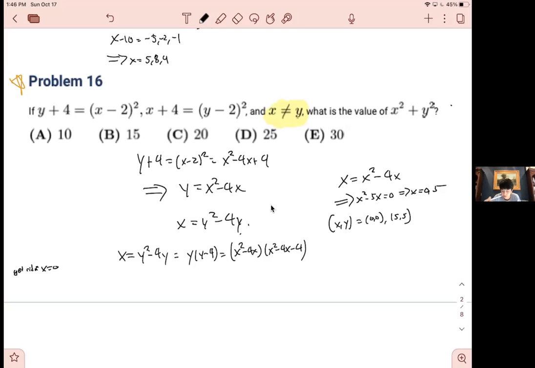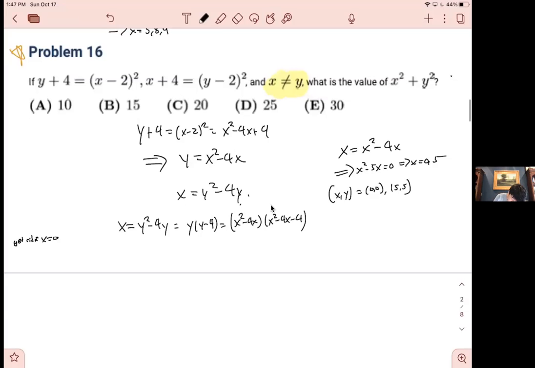Oh yeah, and by the way, if we have a value of x, it uniquely determines y, and if we have a value of y, it uniquely determines x. So if you know x, it gives you y, and if you know y, it gives you x. So we can get rid of x equals 0 by dividing through by x. So 1 equals x minus 4 times x squared minus 4x minus 4.